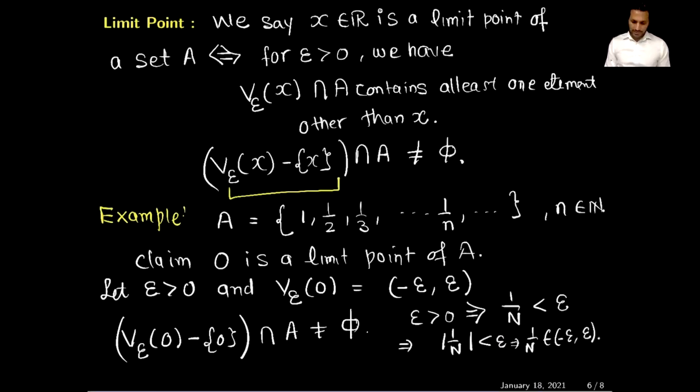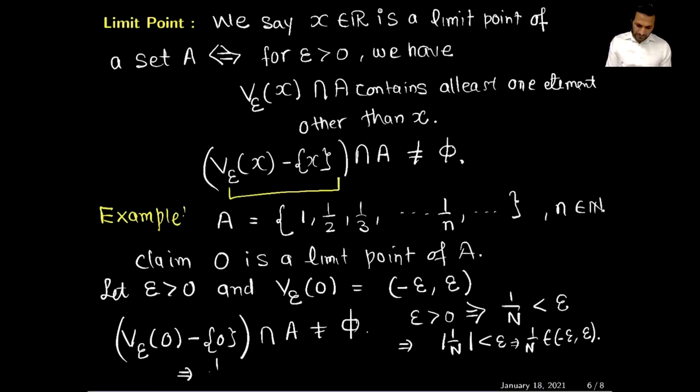So this shows that 1 over n belongs to this interval. But also notice that 1 over n is a member of A, because all the members of A are the reciprocals of rational numbers.